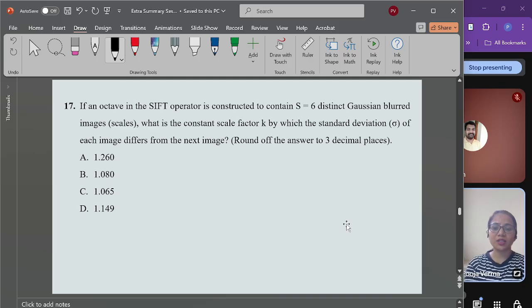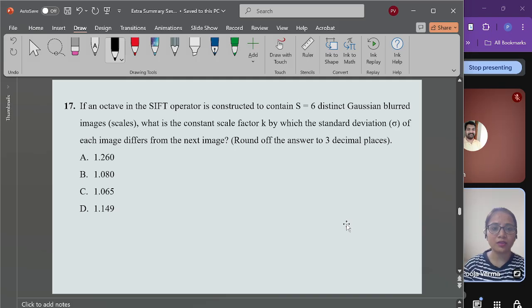Our next question is: if an octave in a SIFT operator is constructed to contain S equal to 6 distinct Gaussian blurred images, that is scales, what is the constant scale factor k by which the standard deviation sigma of each image differs from the next image?